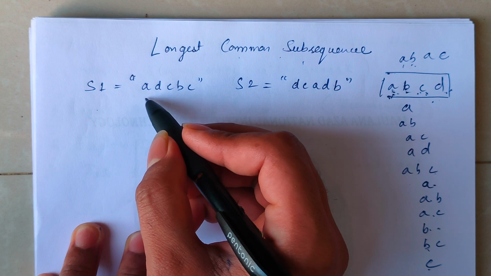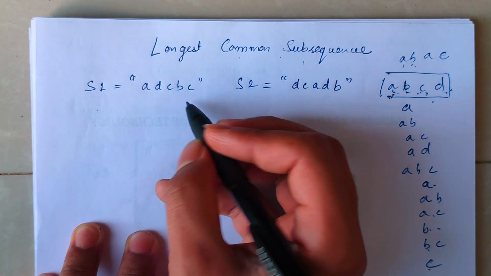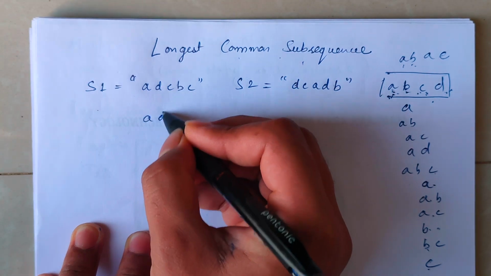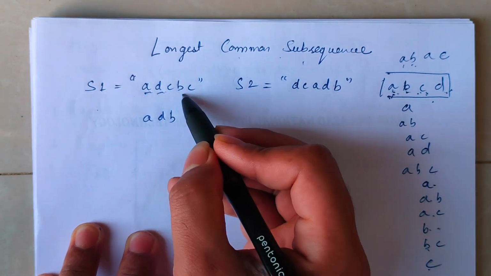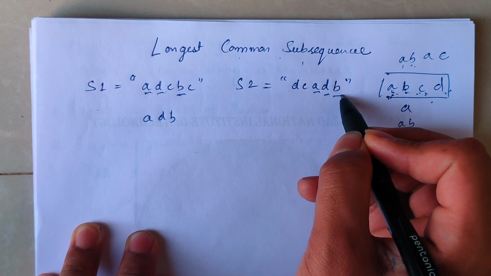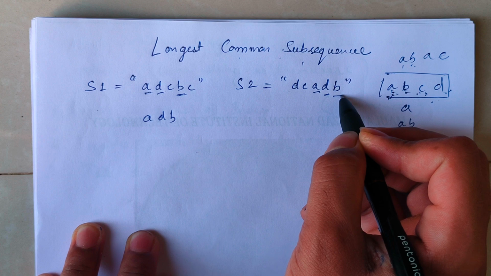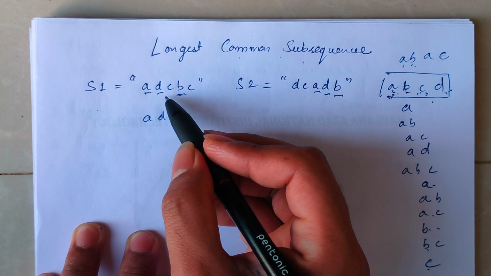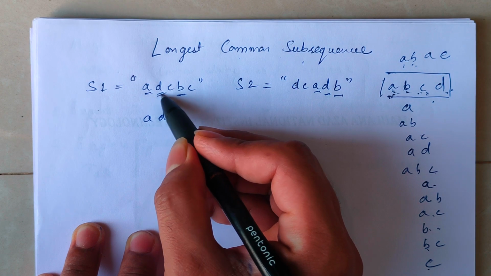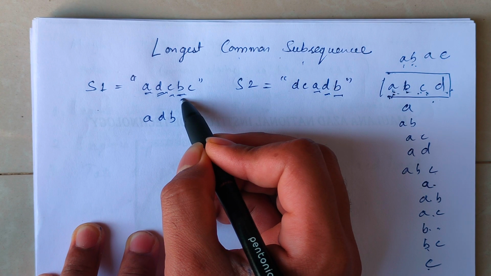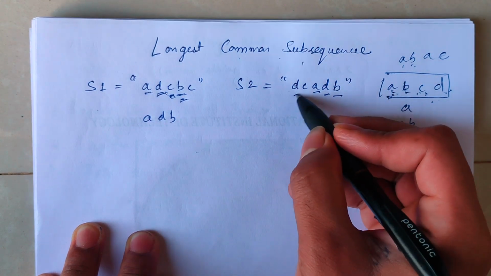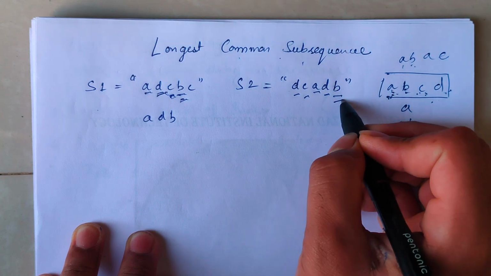So here we can see that the longest common subsequence between these two could be A, D, B, right? A, D, B, and here also we have A, D, B. But another subsequence which could be longest is D, C, B, because D, C, B is present here, D, C, B is also present.